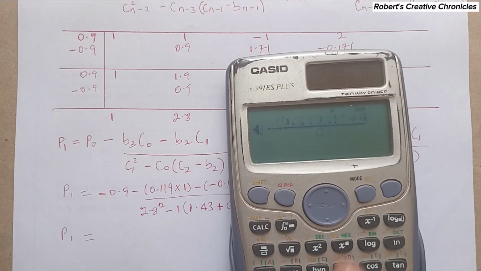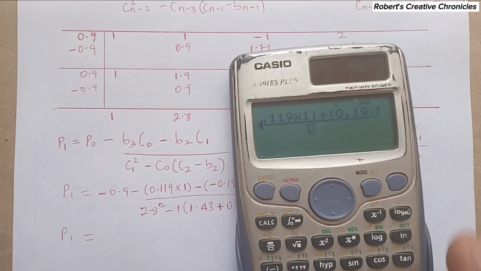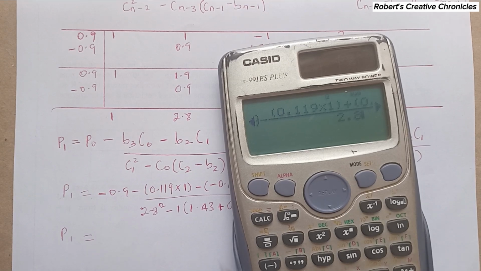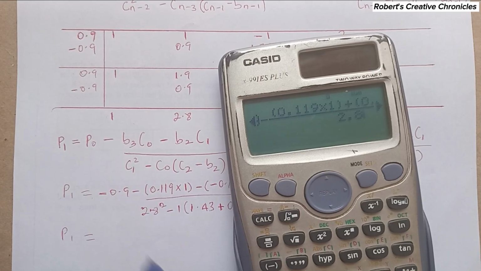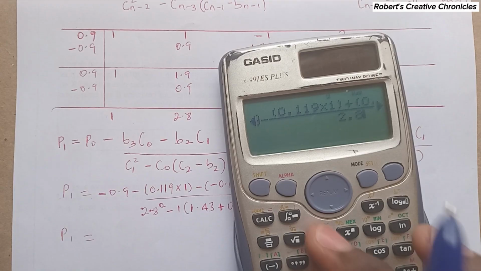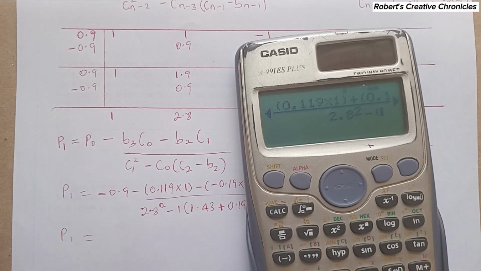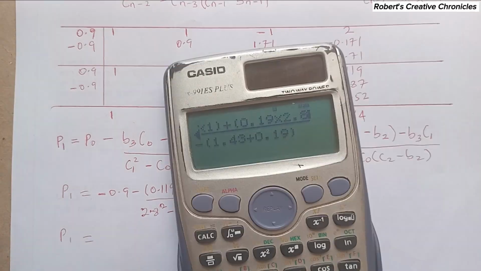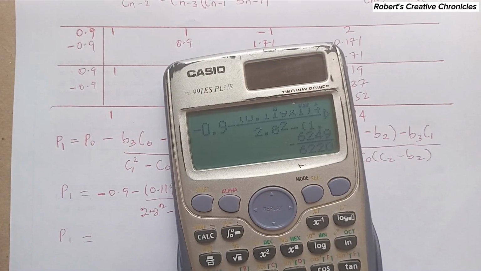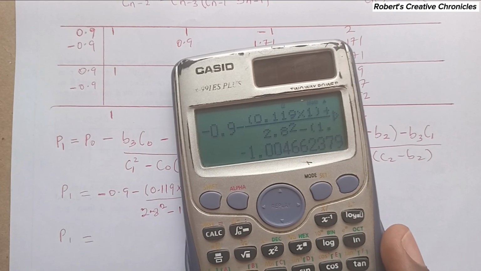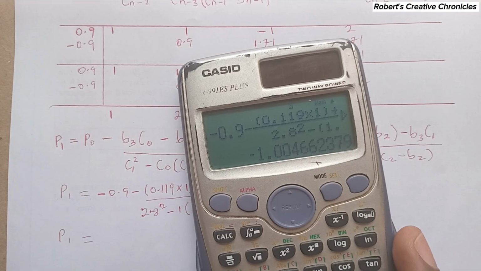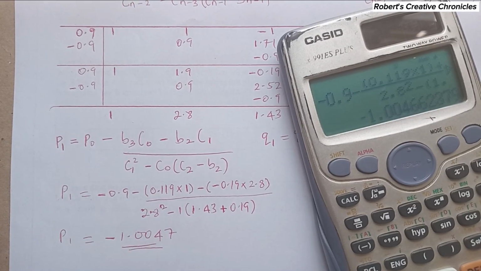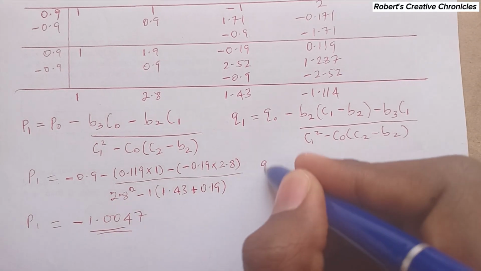So I write plus 0.19 times 2.8 over 2.8 square minus 1.43 plus 0.19. So this is what? Minus 1.0047. This minus 1.0047, that's P1.